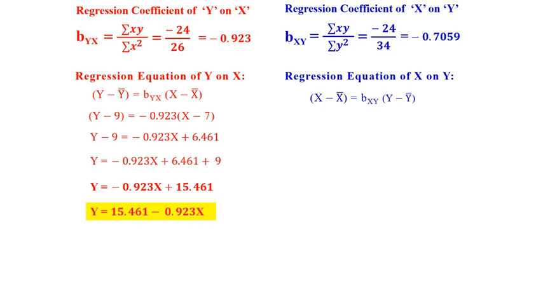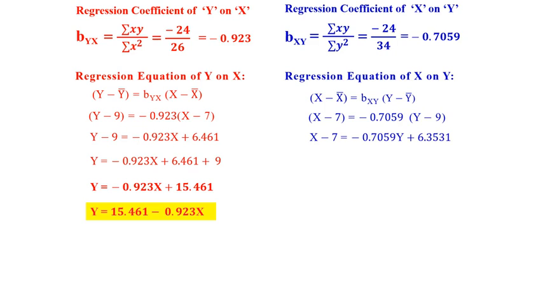So regression equation x on y is given as x minus x bar equals bxy, regression coefficient of xy we have to take into consideration, then multiply it by y minus y bar. Substitute the values. X minus x bar, which is 7, equals bxy as computed above, minus 0.7059, into y minus 9, y bar is 9 as computed.